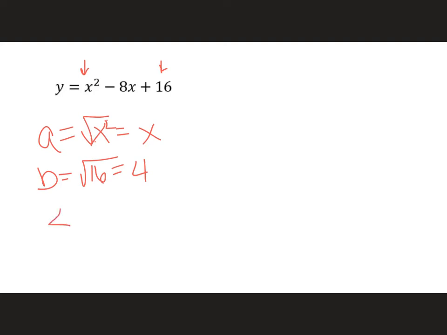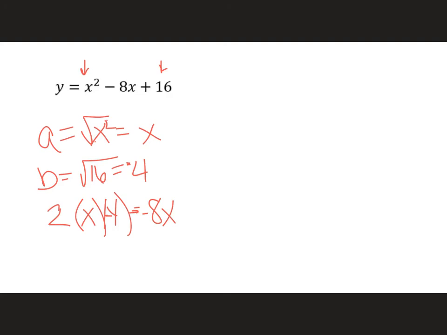And so 2 times x times 4 would actually be positive 8x, but a negative times a negative would also give me a positive. So if I called this a -4, -4 times -4 is still 16. And if this was negative, now it would be a -8x. So yes, this will work for a perfect square trinomial.